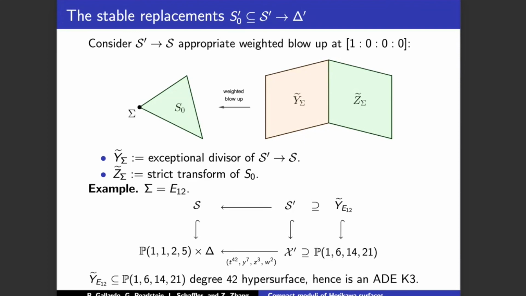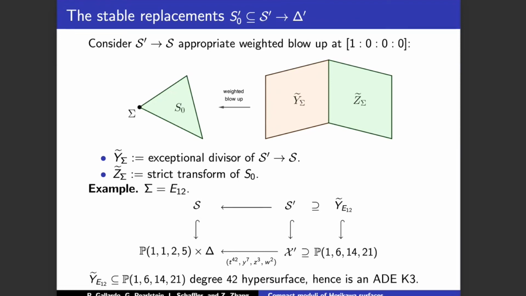And if you notice, this exceptional weighted projective space is technically called well-formed. YE12 tilde will be a quasi-smooth hypersurface. And if you're familiar with the adjunction formula in weighted projective space, you quickly realize that this has to be a K3 surface. The reason is that the sum of those weights, 1, 6, 14, and 21, adds up to the degree of the surface, which is 42. So that's how you get those K3 surfaces.